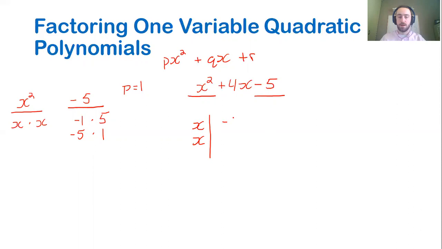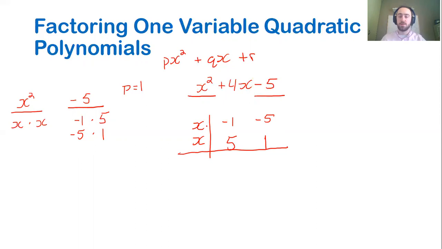So same thing, negative 1 and 5, and negative 5 and 1. The goal of the cross method here is to find the factors that add up to our middle term. Add up, in this case, to 4x.